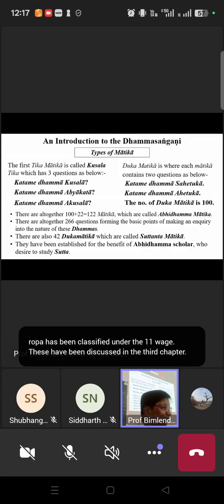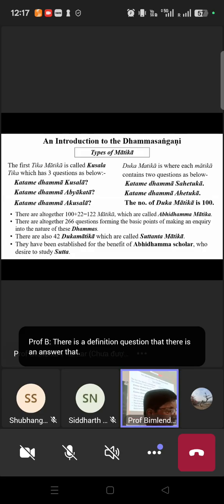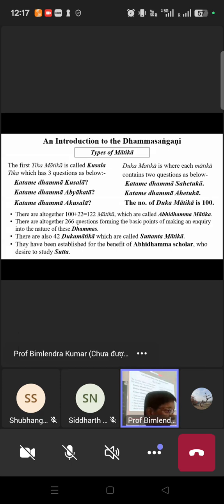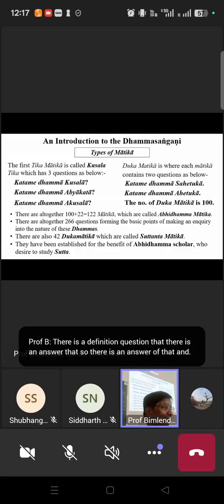First of all, there is a definition question, Tat Katavam Sabbam Rupam. Then there is an answer: Chattaro cha Mahabhuta, Chaturnam cha Mahabhutanam Upadai Idam Bhujati Sabbam Rupam. Then what is the Pathavi, Apo, Tejo, Vayo? These have been discussed.